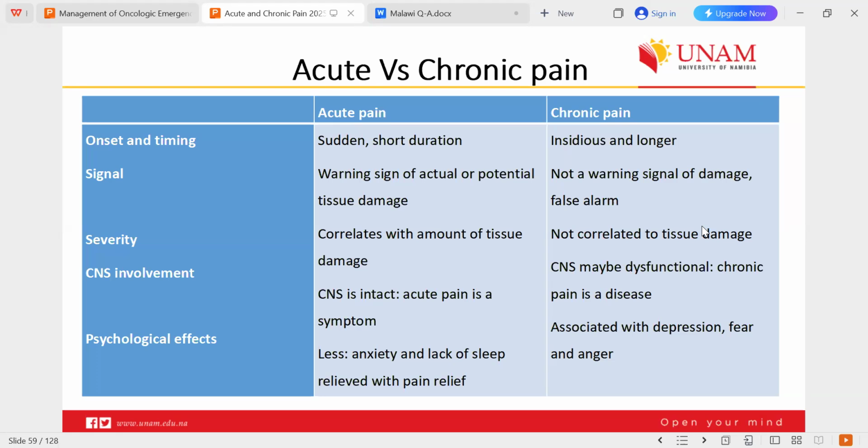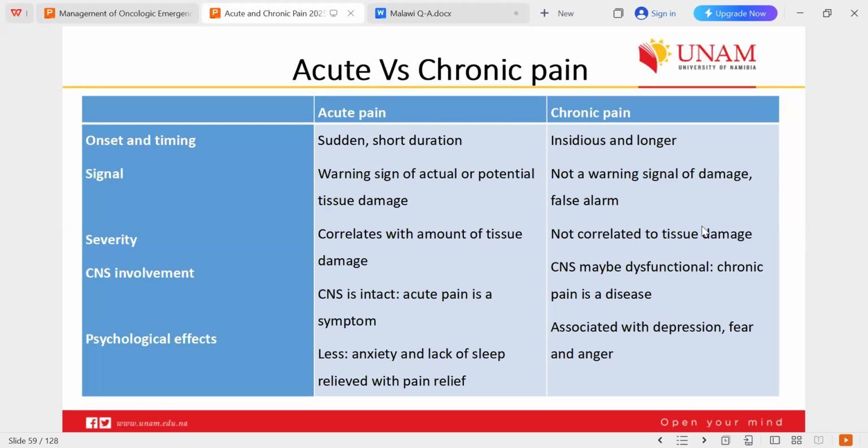For acute pain, there's always a warning signal of actual or potential tissue damage, while in chronic pain, there's no warning signal of damage. There's always a false alarm because there's no actual potential damage. Severity of acute pain correlates with the amount of tissue damage.